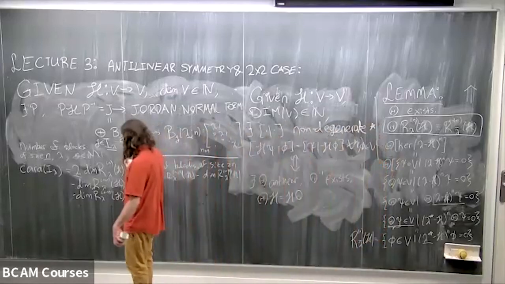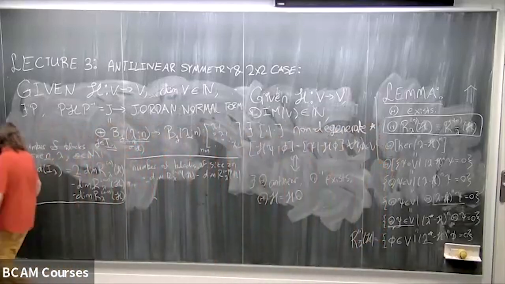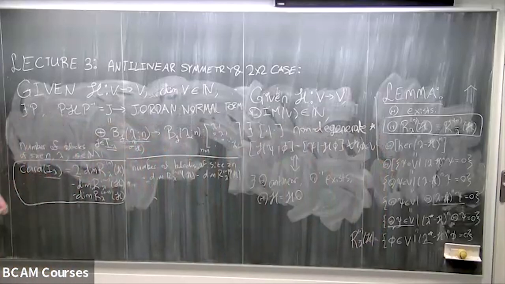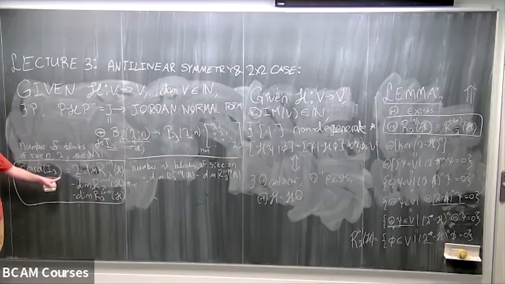Because the number of Jordan blocks of a certain size corresponding to a certain eigenvalue can be given as this particular linear combination, you could equivalently give the theorem by saying that something is pseudo-Hermitian: there exists this non-degenerate inner product making your thing symmetric if and only if the number of Jordan blocks corresponding to a certain eigenvalue is the same as the number of Jordan blocks with the eigenvalue lambda bar.